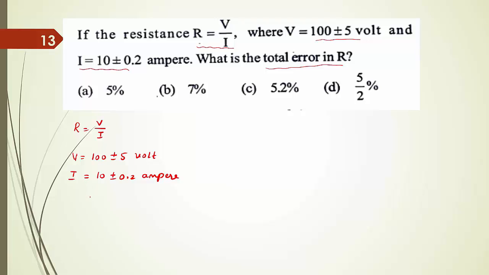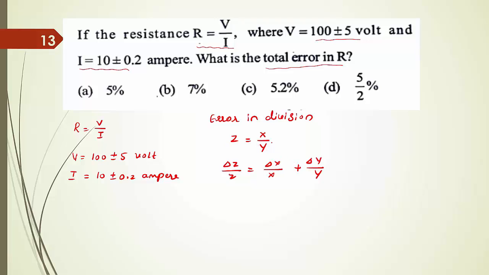See here, we know that error in division is generally given by the equation Z equal to X over Y, or delta Z over Z equal to delta X over X plus delta Y over Y. This equation we can use to find error in the resistance.